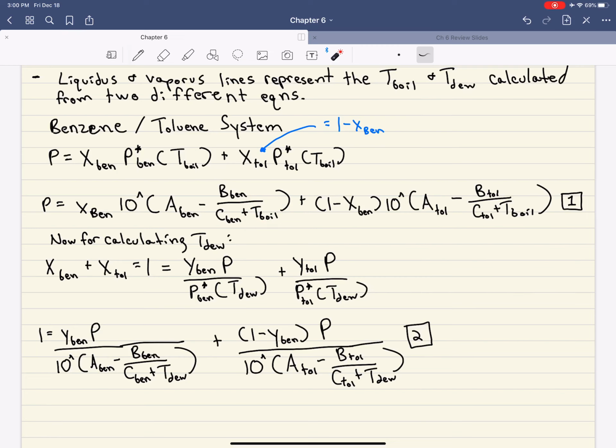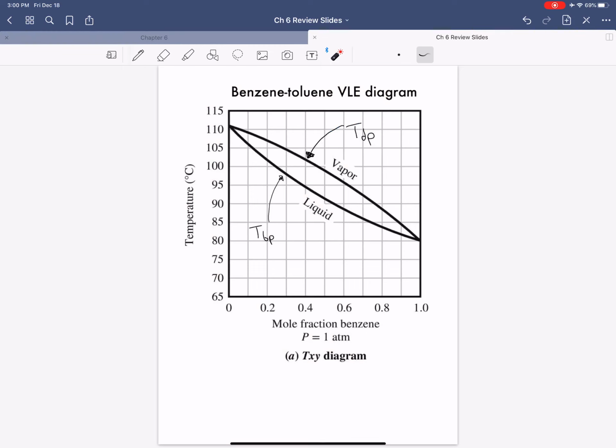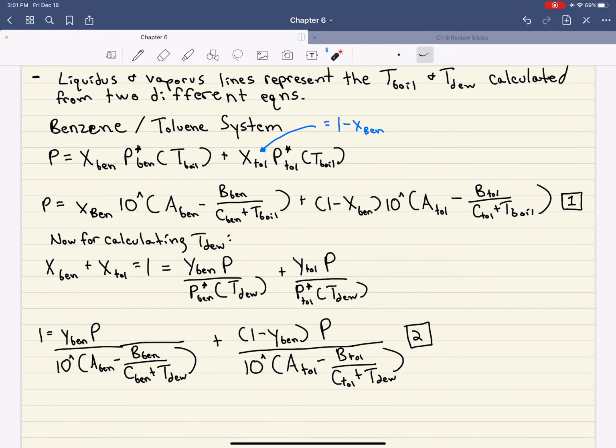So going back to our VLE diagram, if we knew the X liquid was 0.4 and we knew that the total pressure in the system was 1 atm, we could then calculate the corresponding temperature that it belongs to. All right, so that's why I'm doing this. And we could do the same thing with the dew point temperature. All right, that would give us this top line.